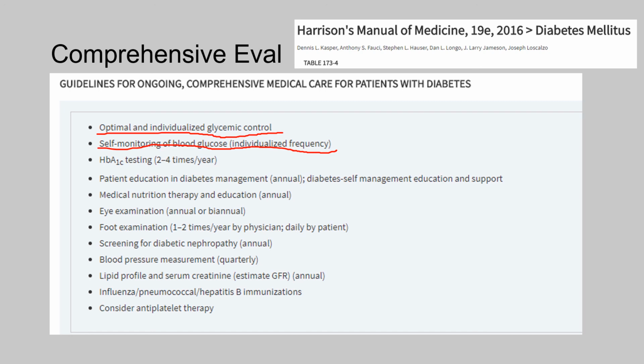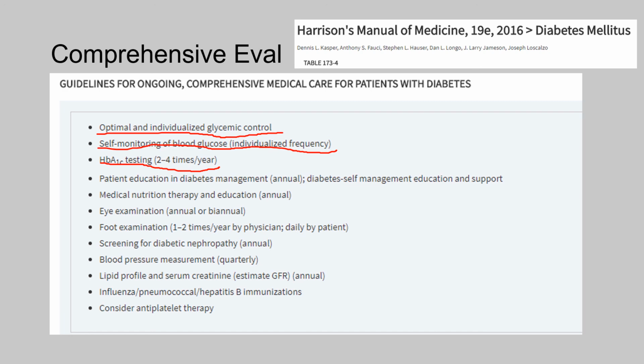And someone who's on a more intensive regimen, like multiple medications or insulin, might be checking their blood sugar 3-4 times a day. Hemoglobin A1C testing, usually most places we want that tested about 4 times a year, unless someone's really stable or maybe just newly diagnosed in that low threshold, just on one oral agent or maybe just working on lifestyle modification.